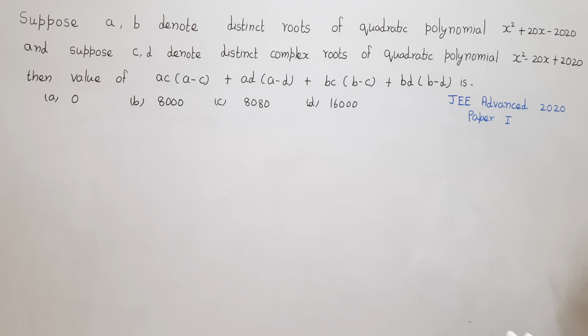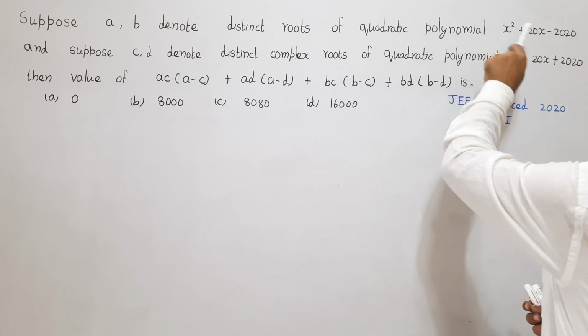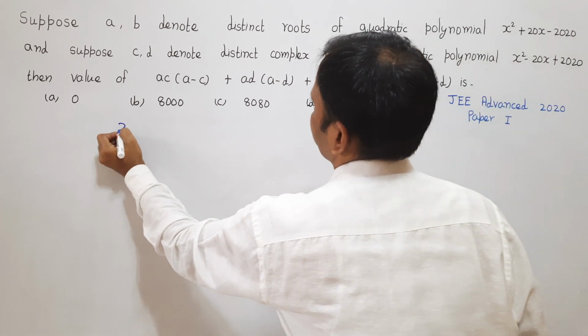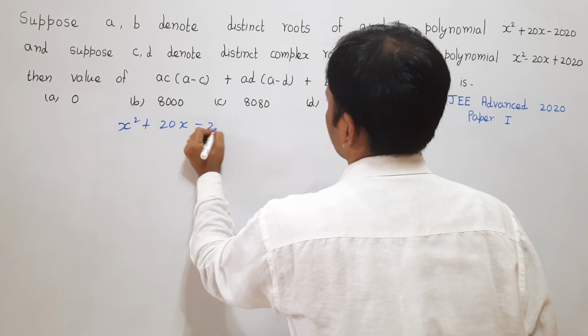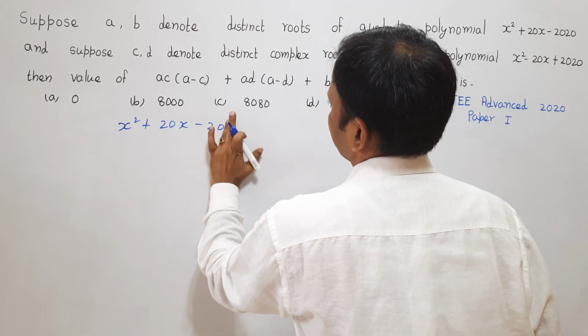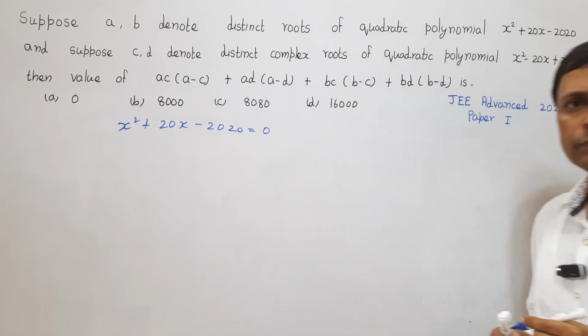So what we do is, let's first take this quadratic equation which is x square plus 20x minus 2020 is equal to 0.